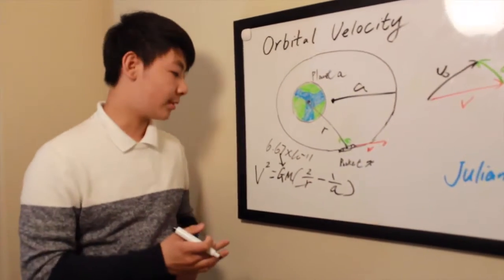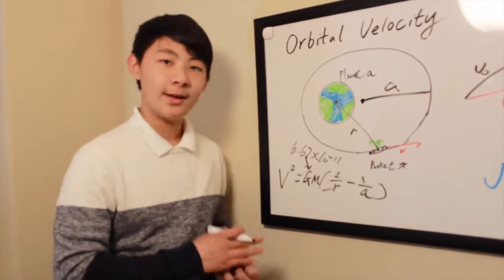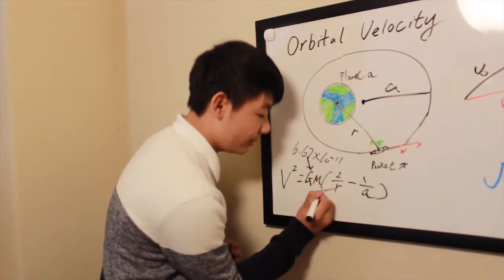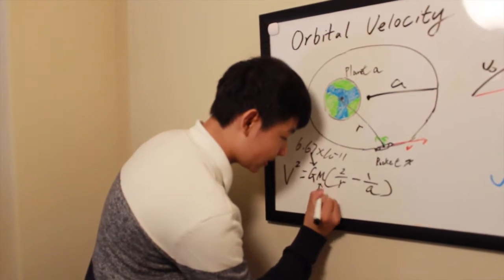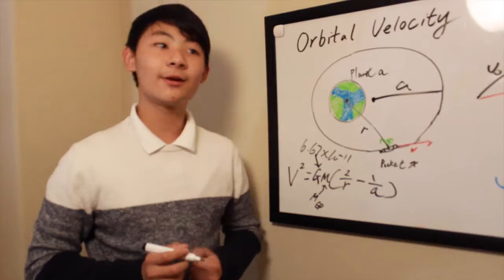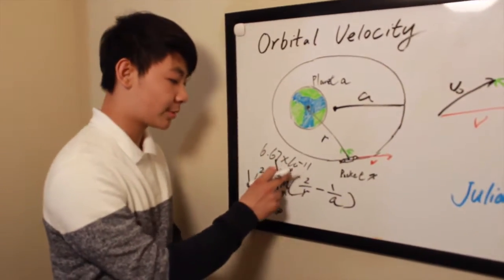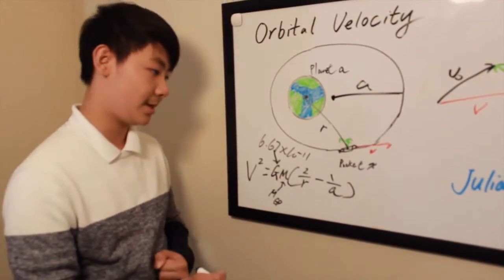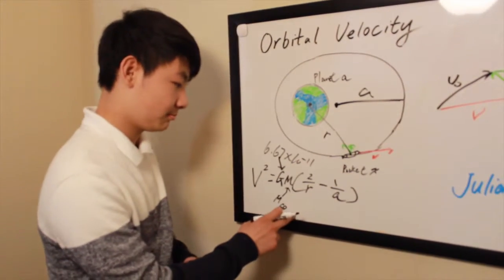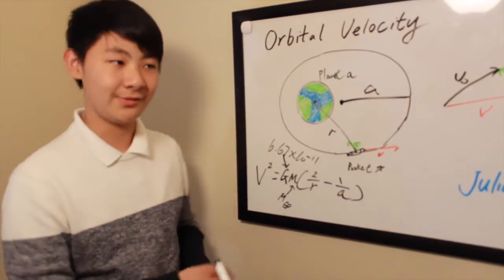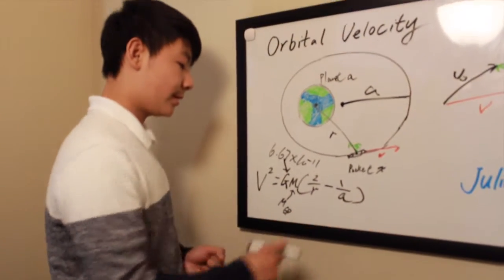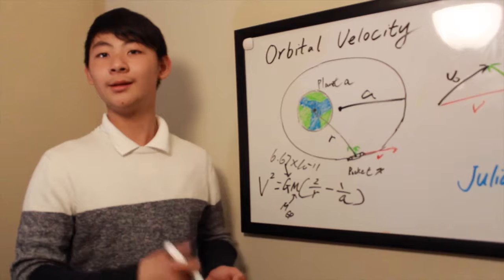It's a very small number. It's the force of a 1 kilogram object exerting gravity. And M is the mass of the Earth, which is a very large number, so this small number times a large number is going to be a fairly large number, because 11 is smaller than 24. And so we have all of these together, and we are able to calculate the orbit.